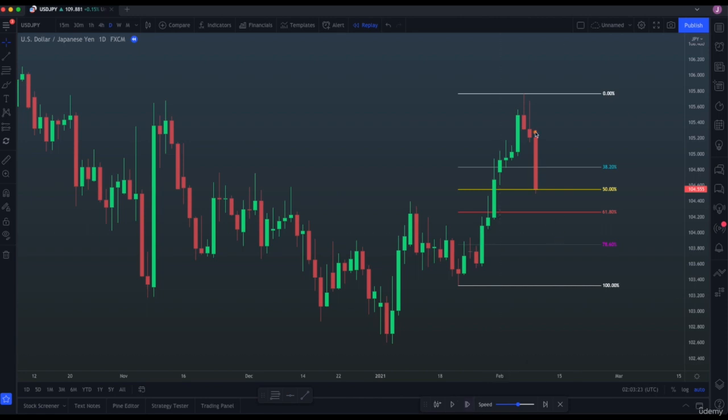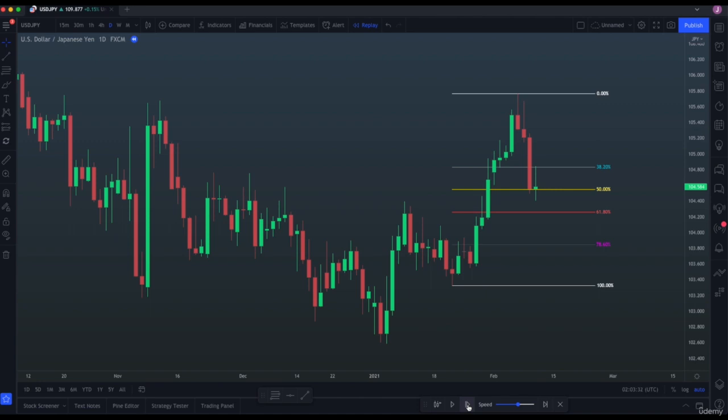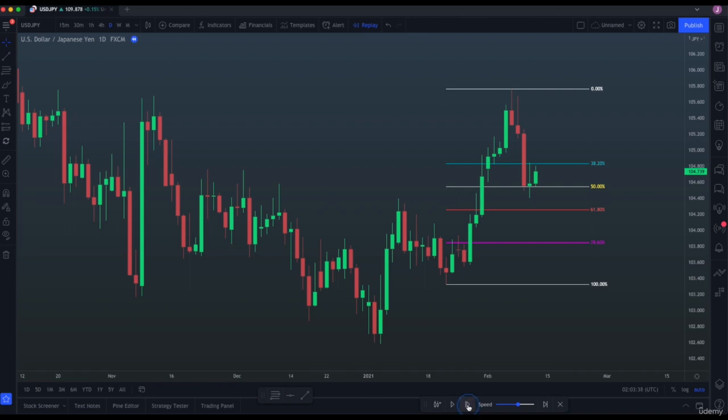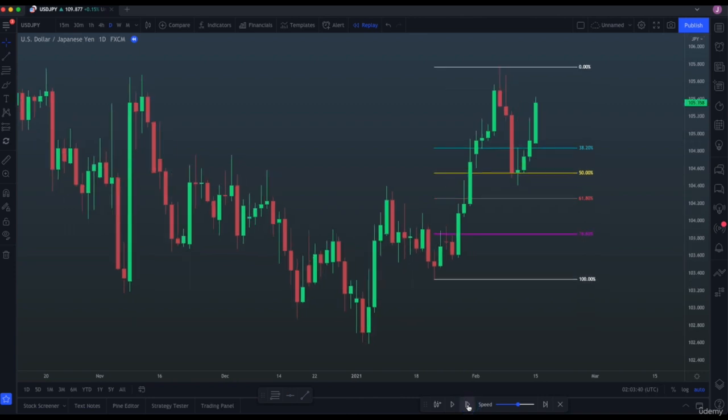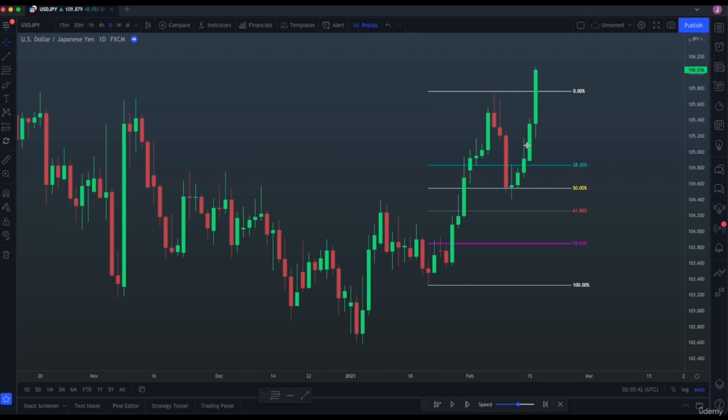Okay, so as you can see, price just passed through 38.2% retracement. And then 50% is currently holding. And then price started to move up, breaking this previous higher high, right?